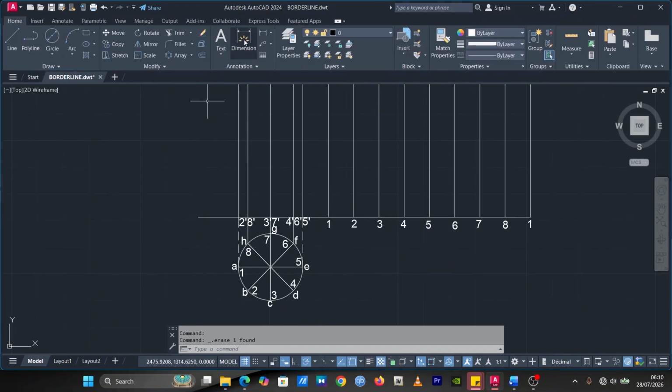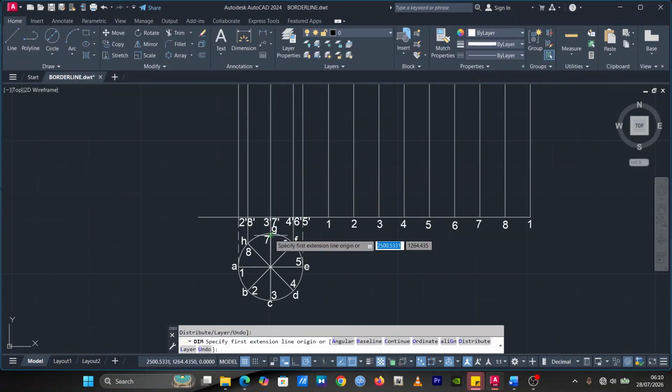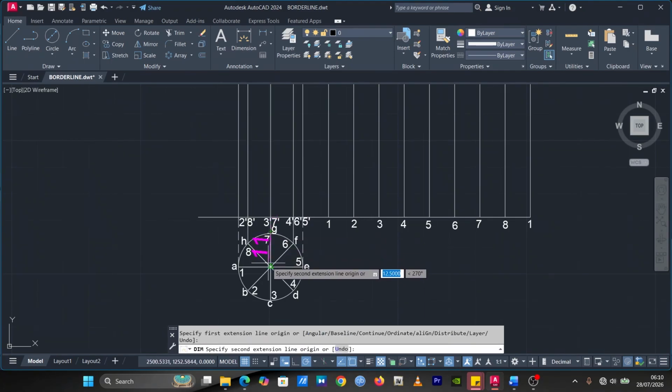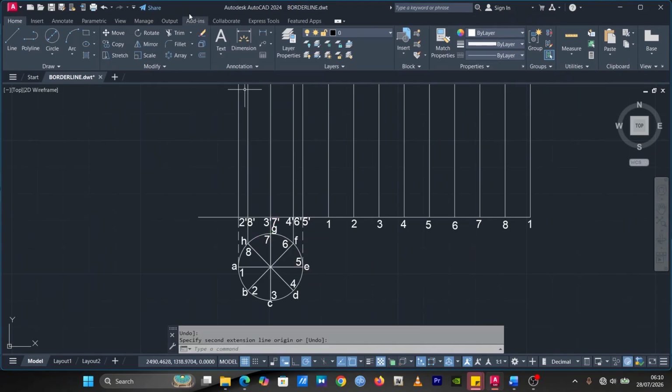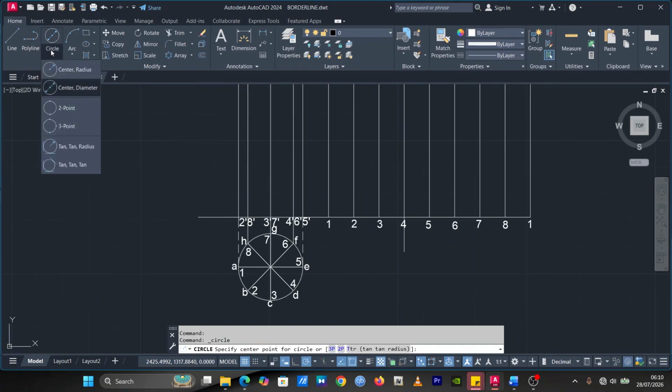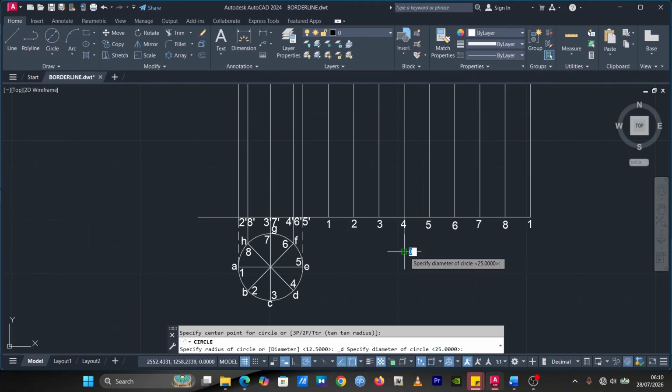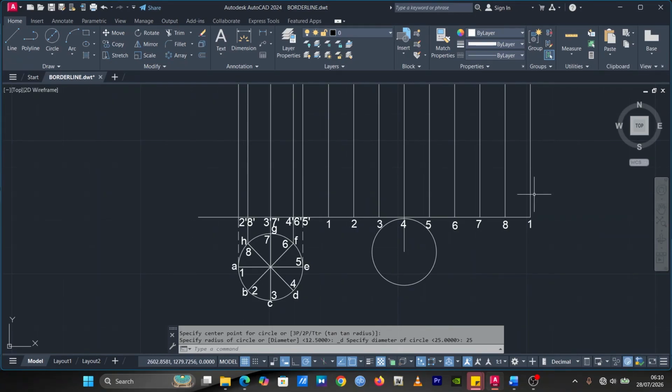To pick your dimension, you measure from the top here to the center, which is 13. So you can pick your line over here. You stand at 4, you measure a distance of 13. You pick your circle, center to diameter. You input 25, and you are going to have something like this.